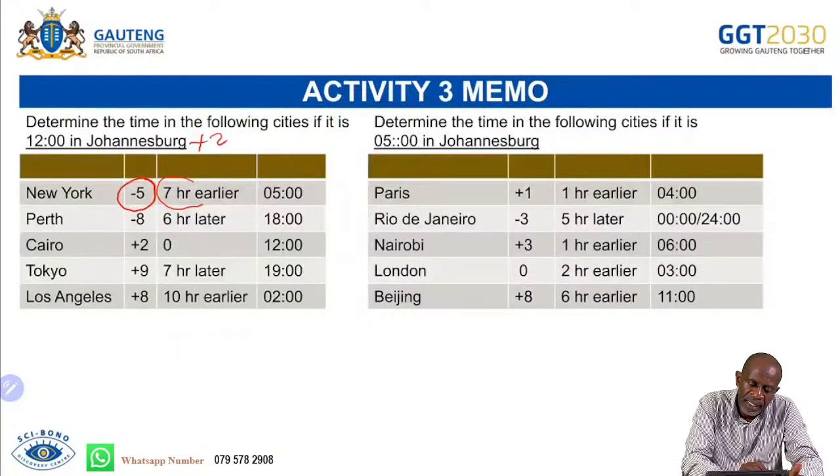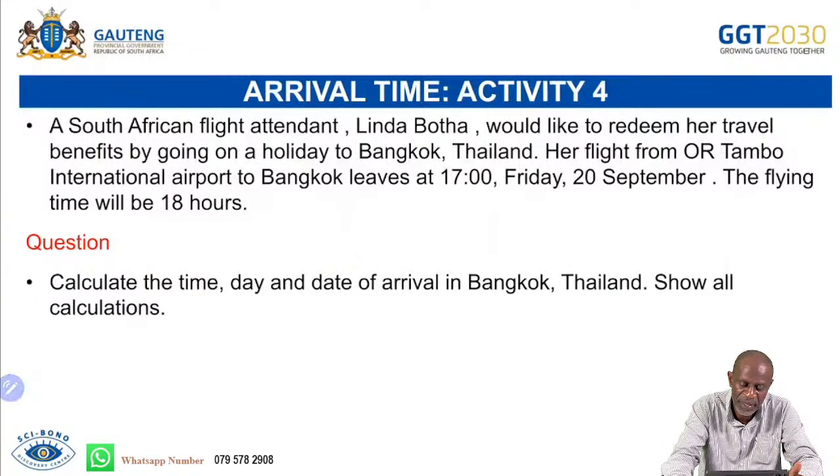So the time difference between the two is 7 hours. If it's 12 hours in Johannesburg, South Africa, it will be 5 hours in the morning in New York. So it further strengthens the idea that New York is behind South Africa by 7 hours, and South Africa sees the day, or the new day, before New York.